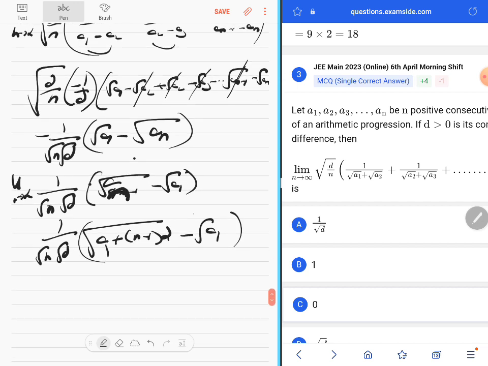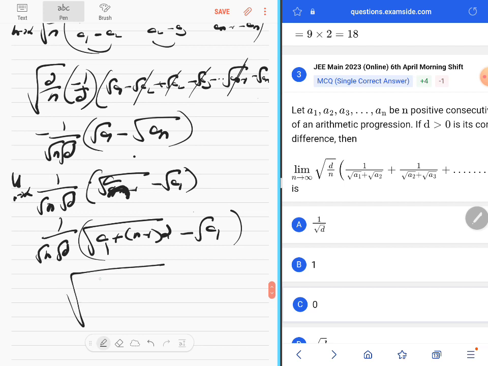So then you have it like this, and you can bring the root n inside, so you will get a1 by n plus n minus 1 by n into d, which is 1 minus 1 by n into d, minus root of a1 by n.